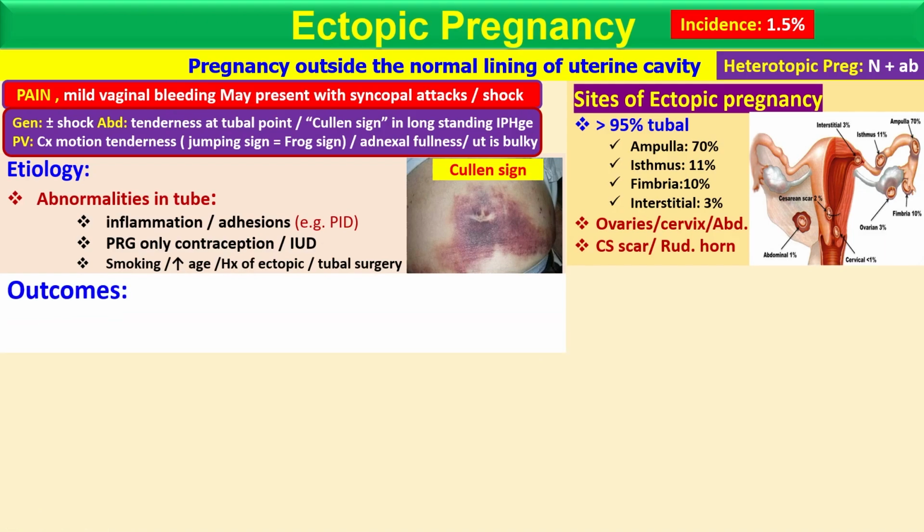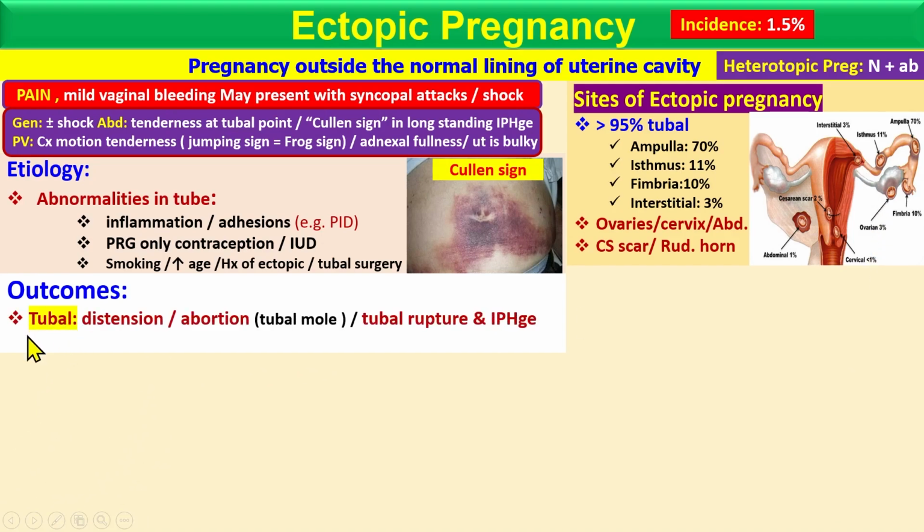What are the outcomes of the ectopic pregnancy? There are some site-related and some uterine-related outcomes. For example, in most cases it is tubal, so you will see distension because of the ectopic pregnancy.